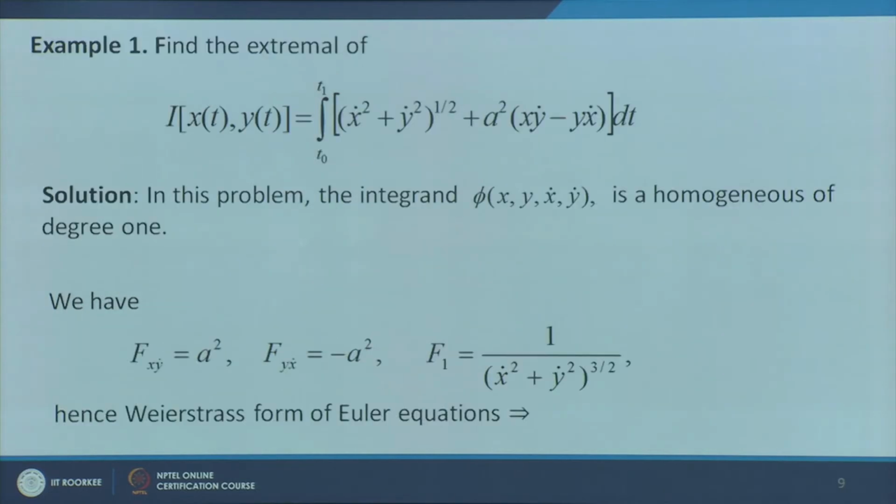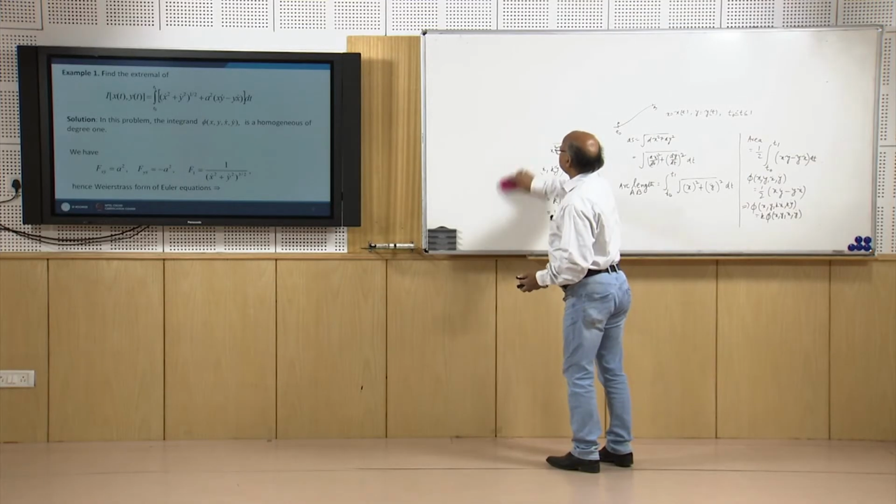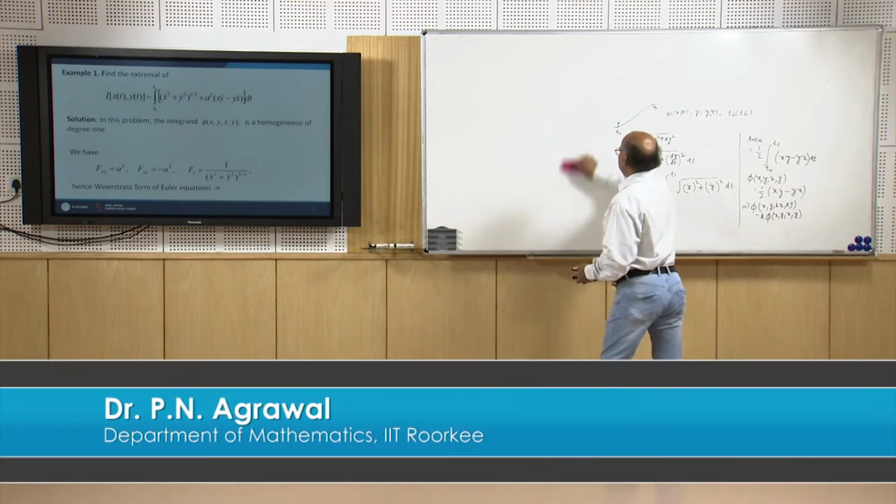Say for example, let us consider this equation. Find the extremal of I[x(t), y(t)] equal to the integral from t naught to t 1 of (x dot square plus y dot square) to the power half plus a square (x y dot minus y x dot) dt, where a is some real constant. Now in this problem, the integrand phi(x, y, x dot, y dot) is a homogeneous function of degree 1 in x dot, y dot.